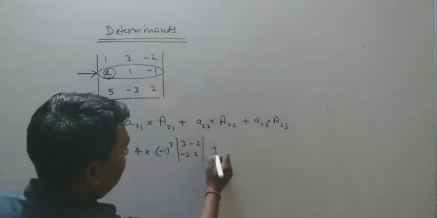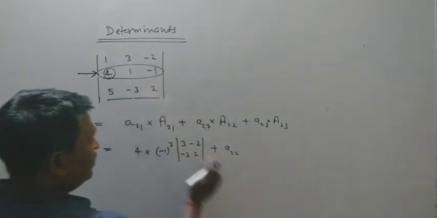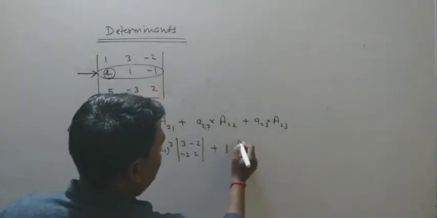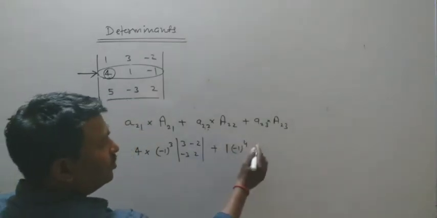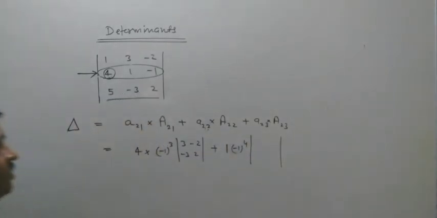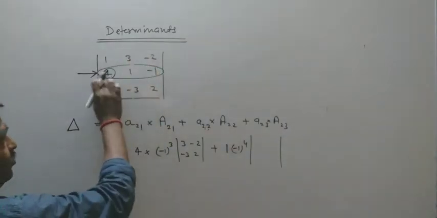Okay, plus a22. a22 is 1, so here you can put 1 and its cofactor minus 1 power 4, since 2 plus 2 is 4, and its minor, for this one you have to leave like this.